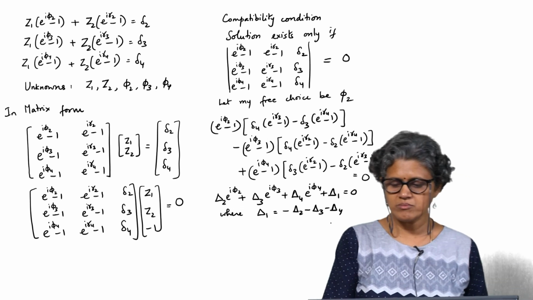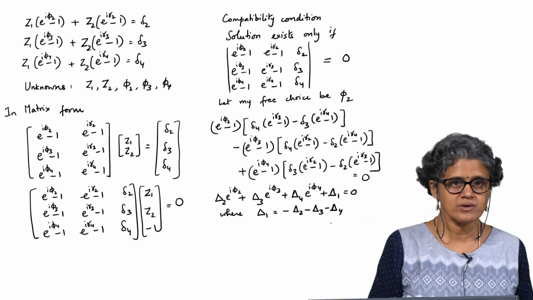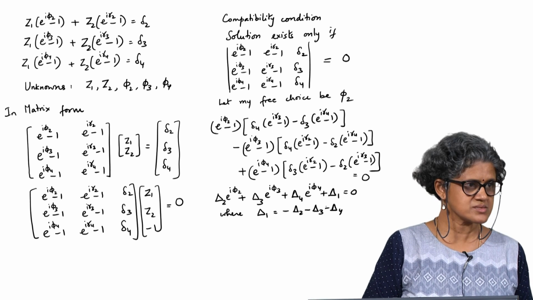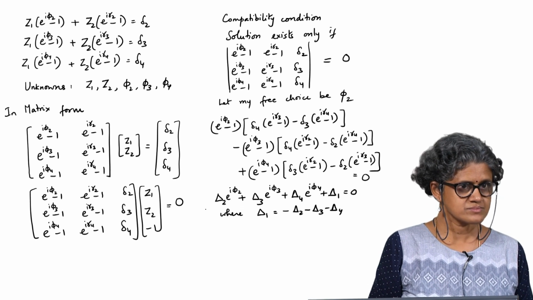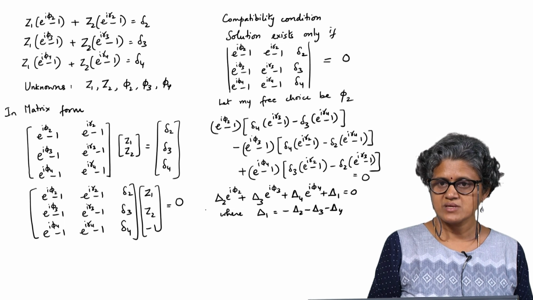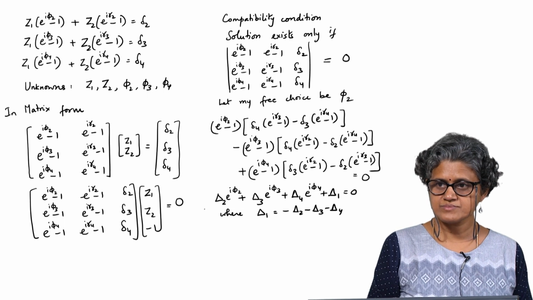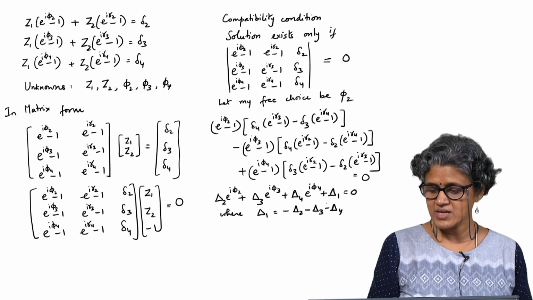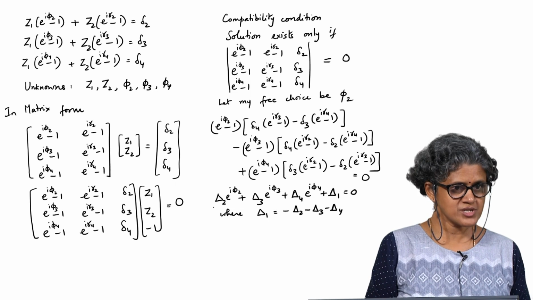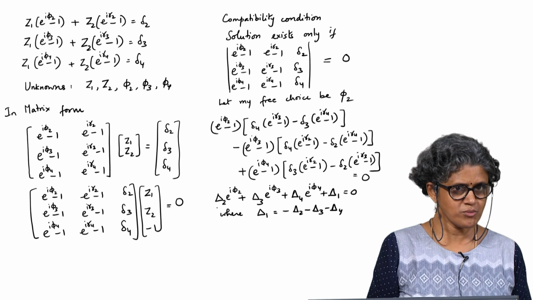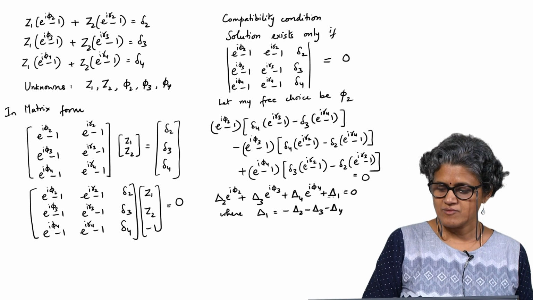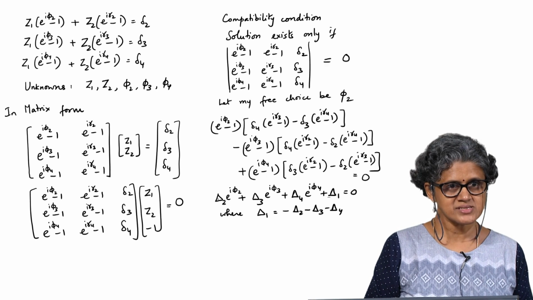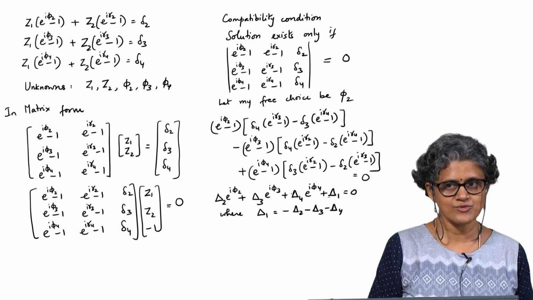What does this form remind you of? Remember, these are all complex numbers. Does that look familiar? This looks like the loop closure equation for a 4 bar with fixed length delta 1 and the other 3 links delta 2, delta 3, delta 4.